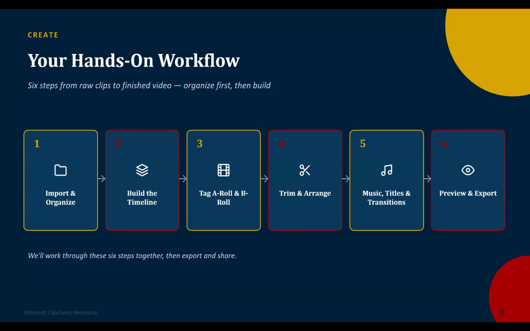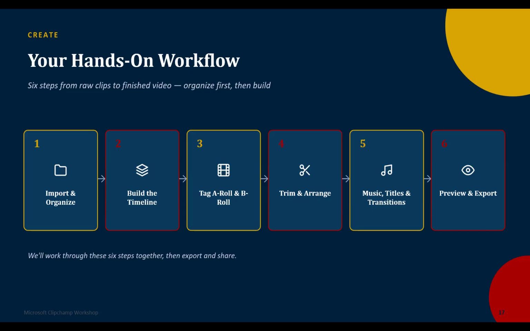Okay. So for the hands-on workflows, we're going to import and organize our clips and build a timeline. I wouldn't worry about tagging A-roll and B-roll, but just keep that in mind if you have other videos you've taken. For instance, your video may be on a particular animal, and then you want to highlight that main video with something else about the animal, giving some information about how the animal lives.